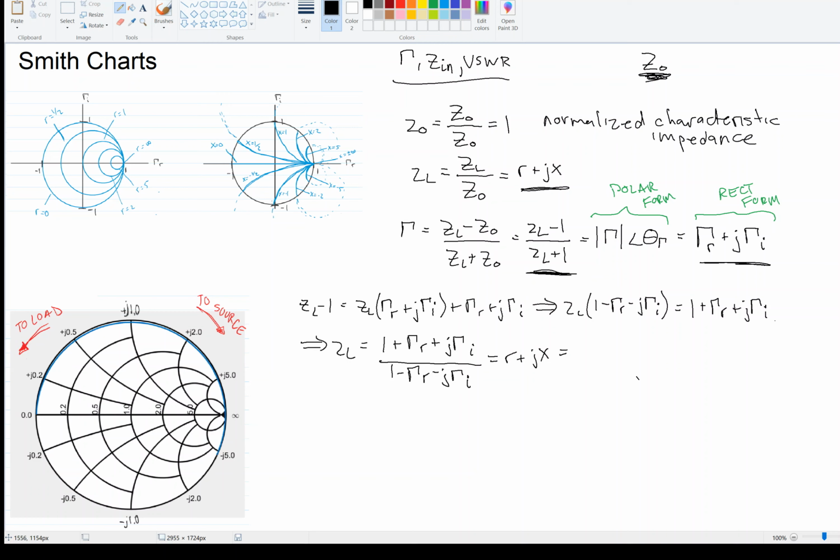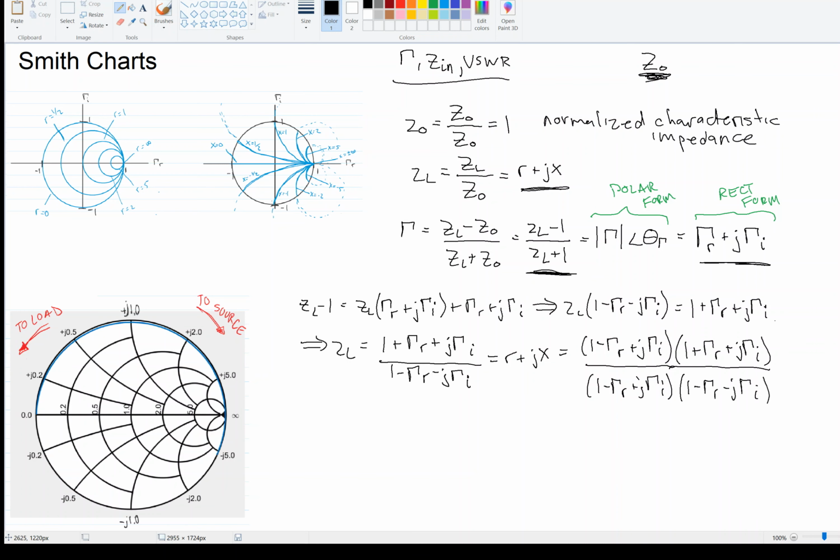So the complex conjugate is 1 minus gamma r plus j gamma I. So I'm going to multiply everything by that. 1 minus gamma r plus j gamma I, over 1 minus gamma r minus j gamma I, like that.